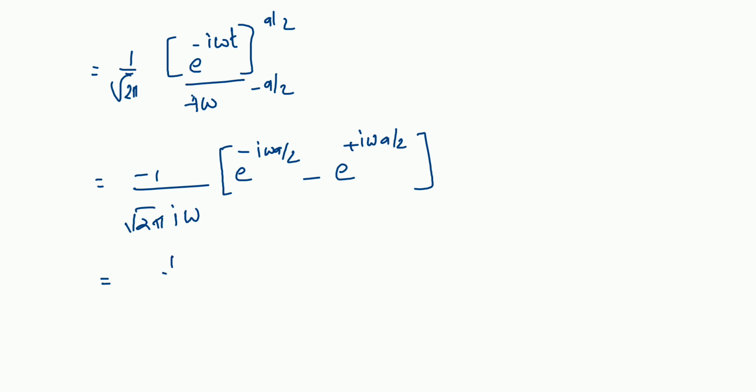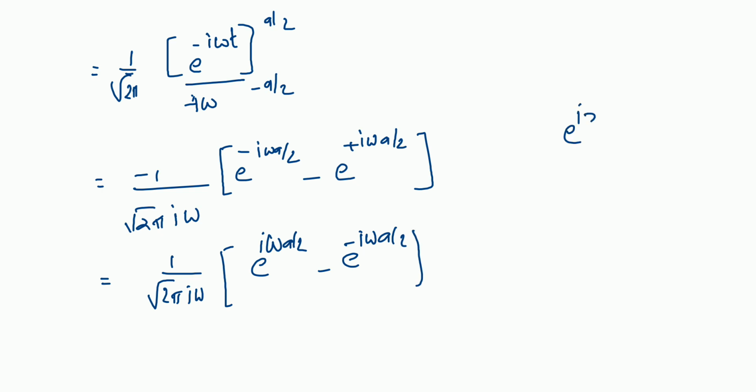This is equal to 1 by root 2 pi into i omega, and take that minus sign into the bracket. So you will get e raised to i omega a by 2 minus e raised to minus i omega a by 2. And we know e raised to ix minus e raised to minus ix divided by 2i is equal to sin x.